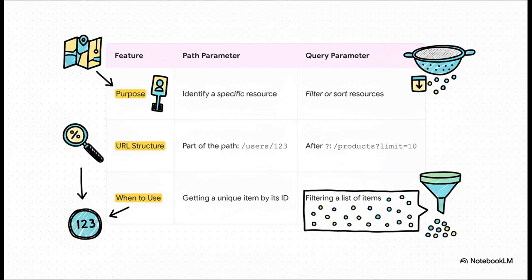The path parameter is baked right into the path itself, like the 123 in /users/123. But the query parameter always lives after that question mark as key value pairs. And finally, the most important part, when to use them. Simple. Use a path parameter when you need to grab one unique item by its ID. Use a query parameter anytime you're sifting, sorting, or filtering a list of many items.